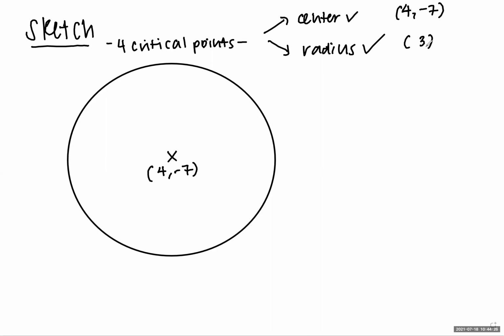Where are the 4 critical points? I'm going to do the first critical point for you. I'm going to do the extreme left, I call this the extreme left, and I'm going to have an extreme right. So what do you notice about the extreme left and the extreme right?